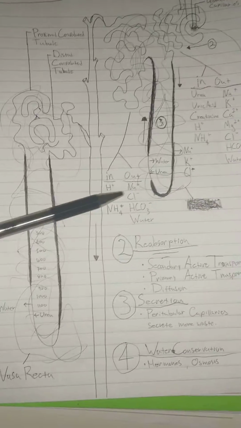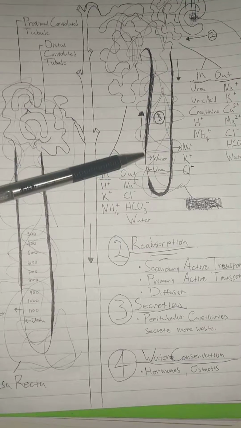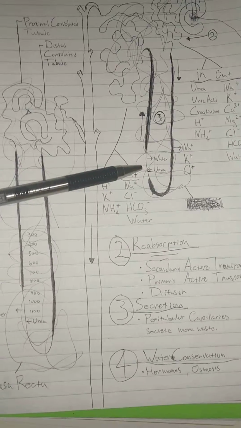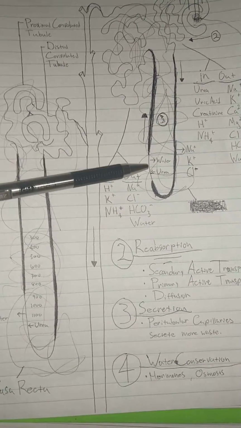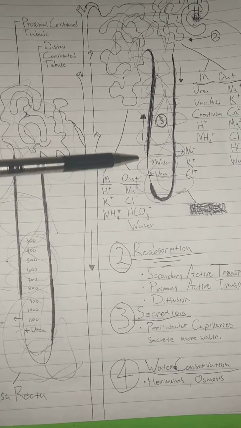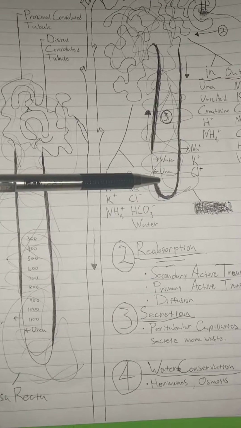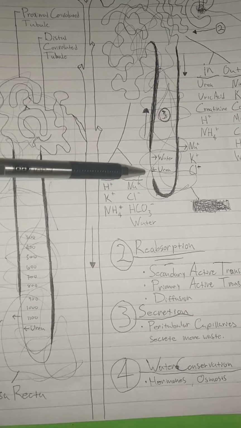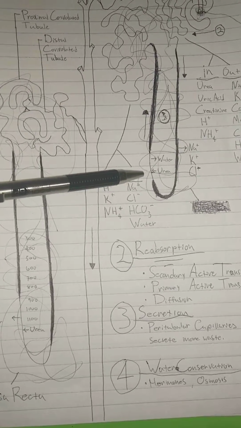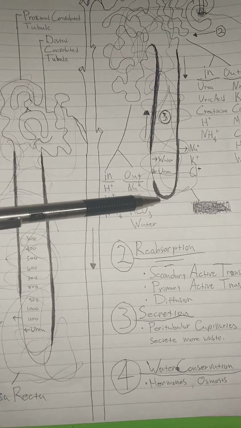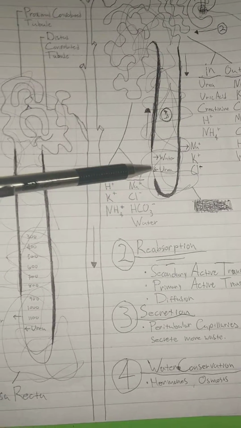So water conservation happens in the loop of Henle, the nephron loop. Henle named everything after himself. The nephron loop. This mechanism happens when ADH activates aquaporins and kind of forces them to the surface of the nephron loop, allowing water to exit.